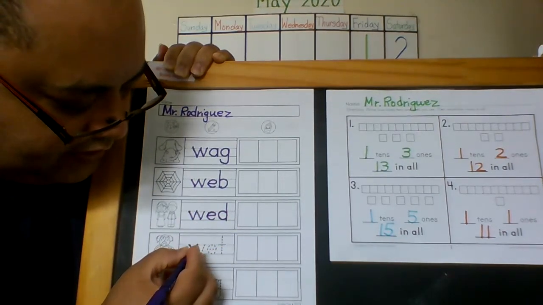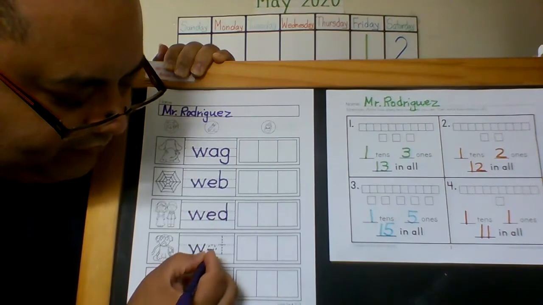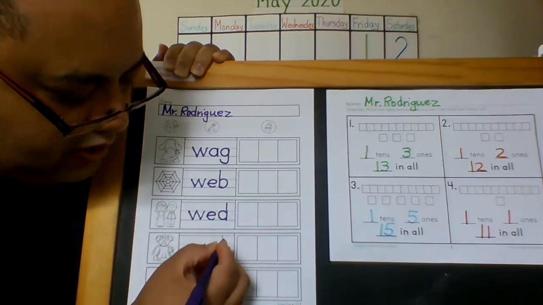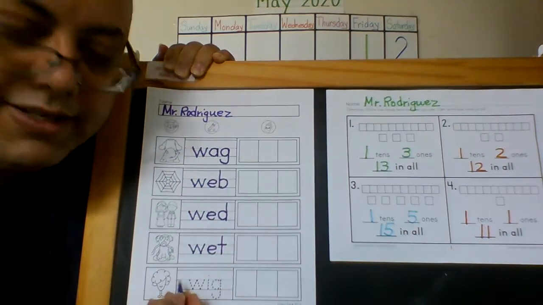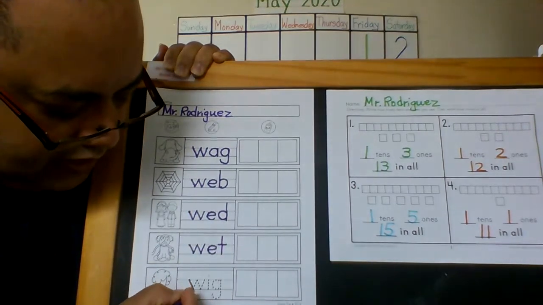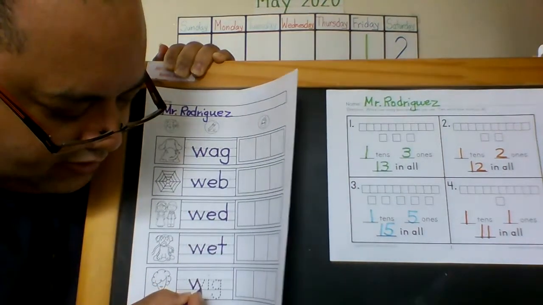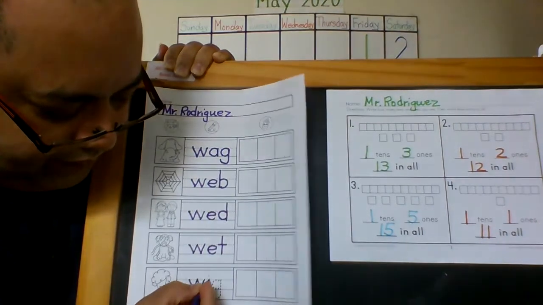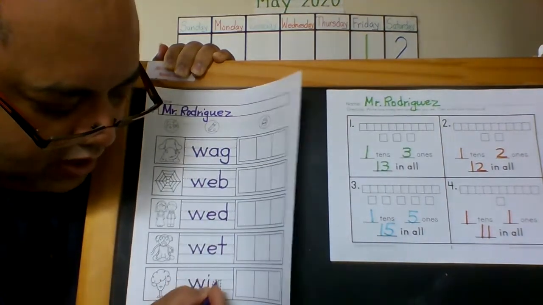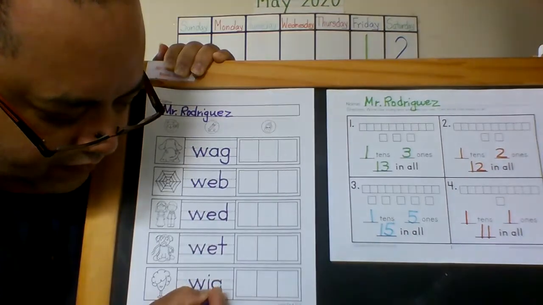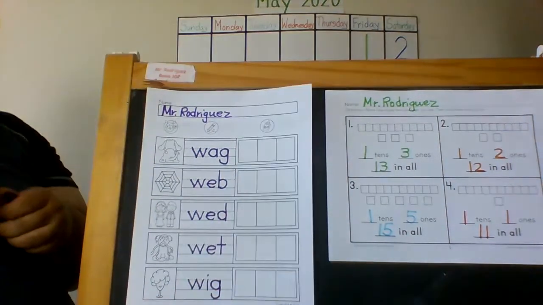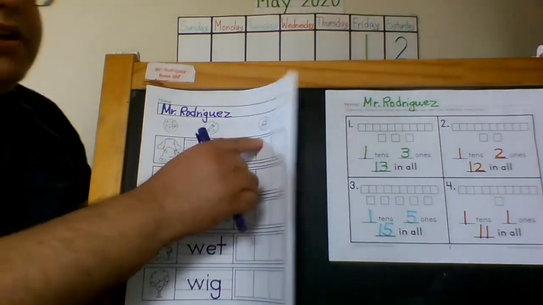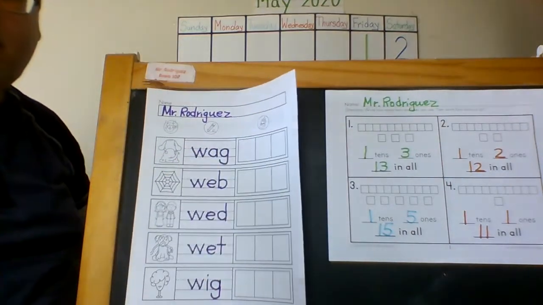Wet is W, E, T, wet. And the last one is wig. W, I, G.